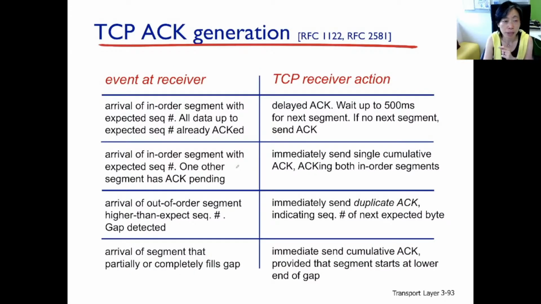And back to TCP's receiver. So the first two events in TCP's receiver are these. Let's read through them a little bit. Arrival of in-order segment with the expected sequence number.